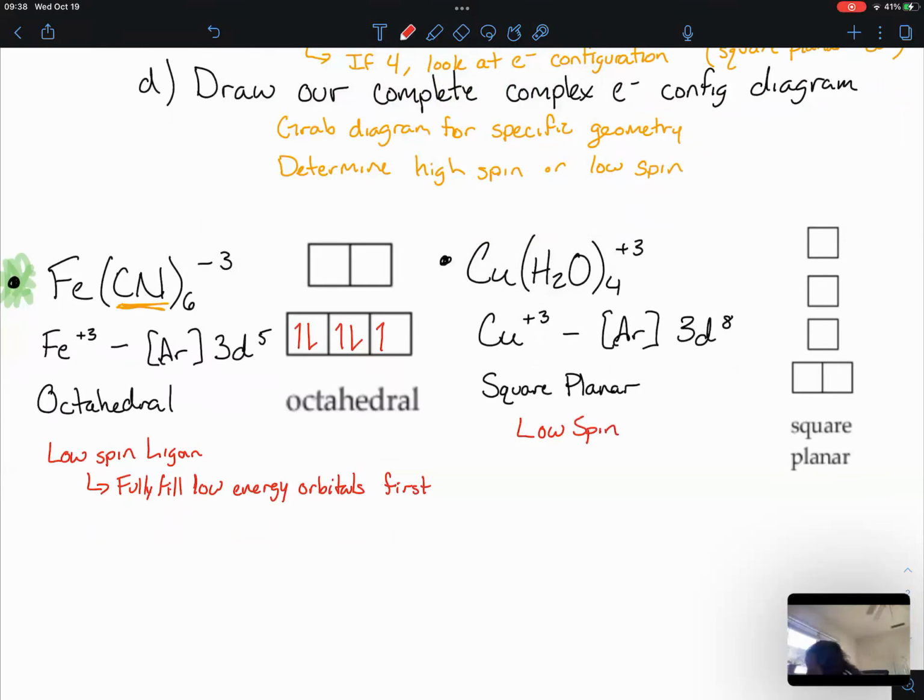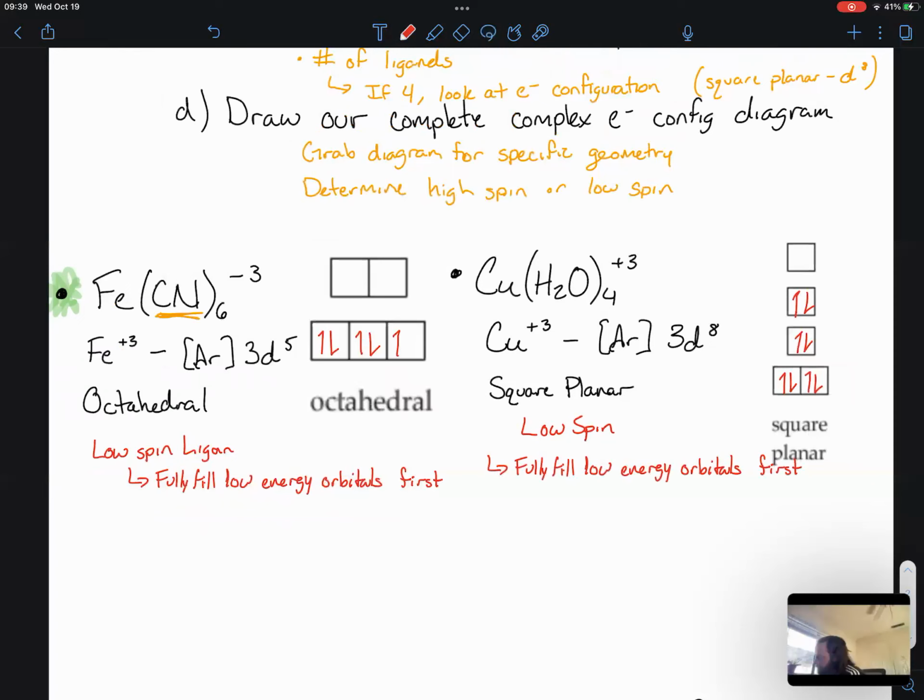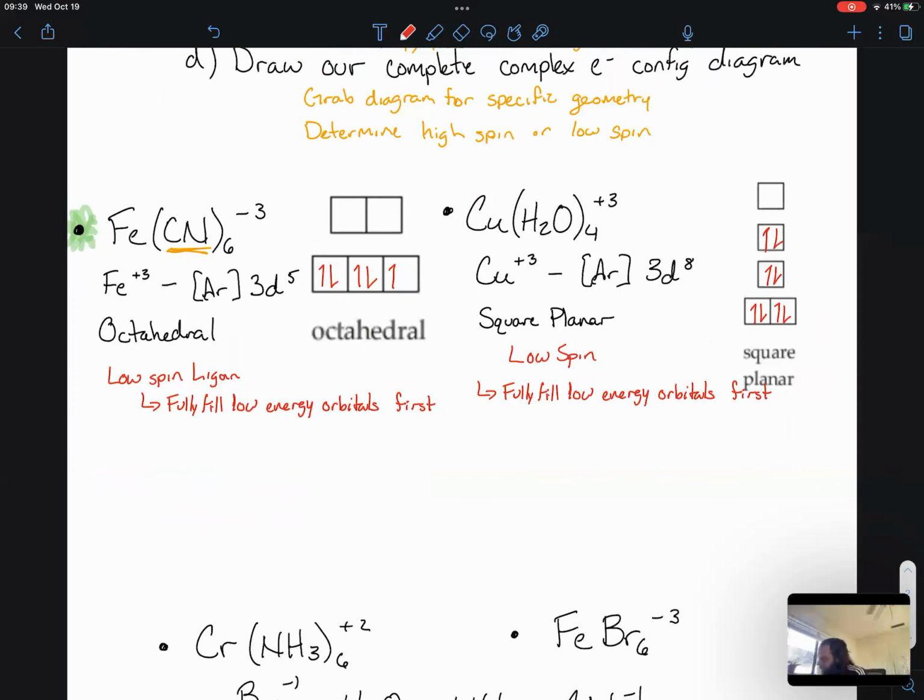So again, I'm going to fully fill those lower energy orbitals first before moving up. So I have 8 electrons, 1, 2, 3, 4, 5, 6, 7, 8. So that's my electron configuration diagram for that particular complex.